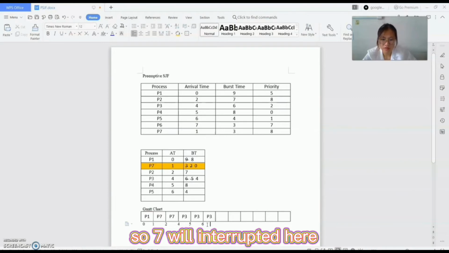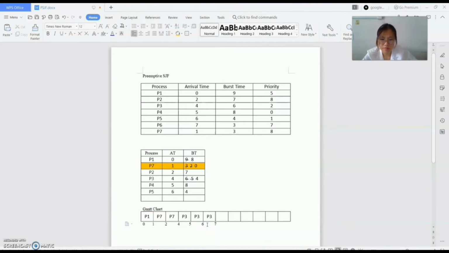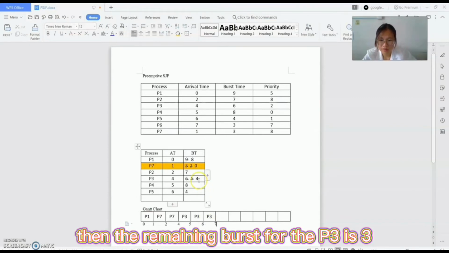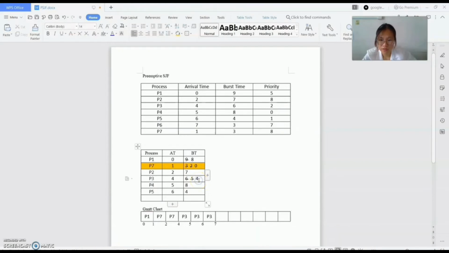So 7 will interrupt here. Then the remaining burst time for P3 is 3, because 7 minus 6 is 1, 4 minus 1 is 3. So P3 will be left with 3.